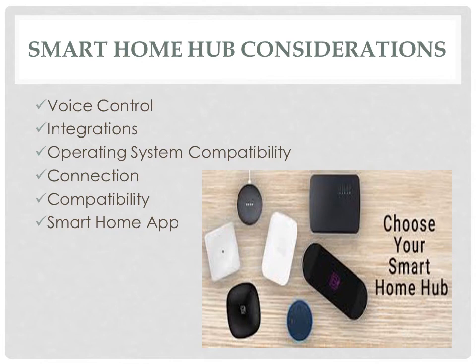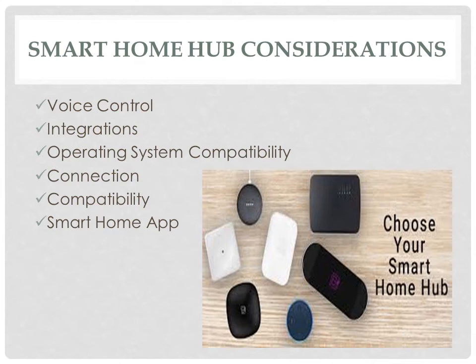While most systems are iOS and Android compatible, be sure to check prior to purchase of the hub. Connection. Some smart home hubs require a direct connection to your router like the SmartThings hub, while others connect over Wi-Fi.